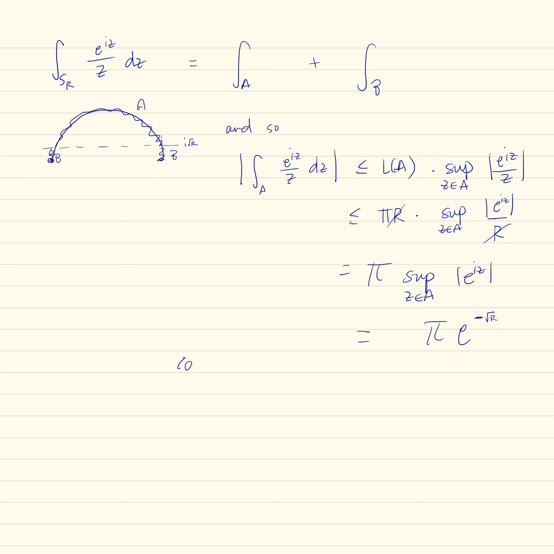So this integral of e to the iz over z dz goes to 0 as r goes to infinity.